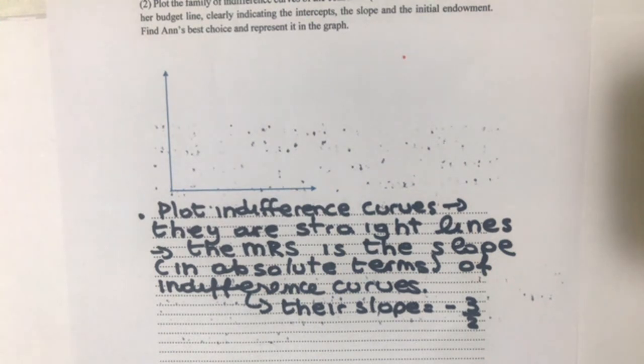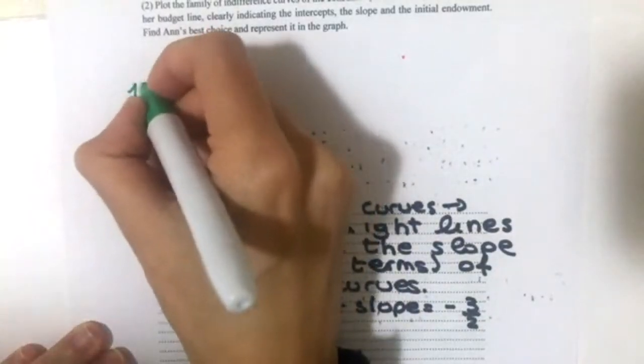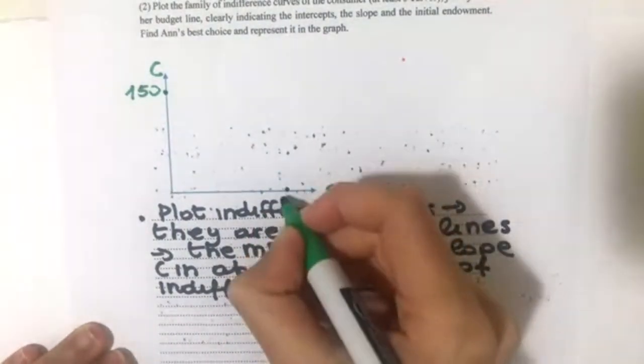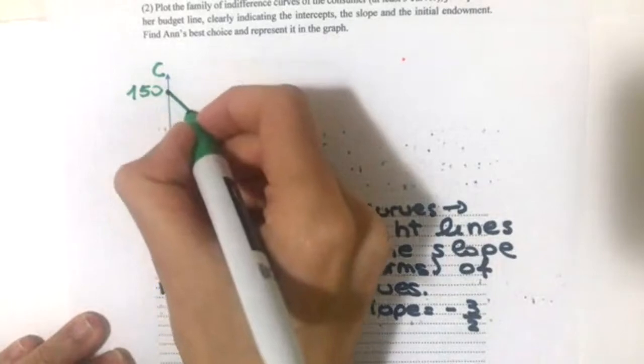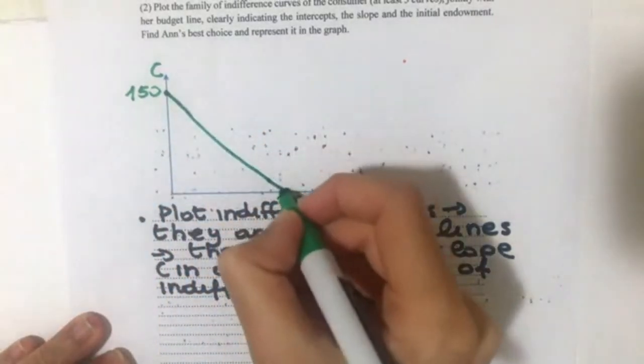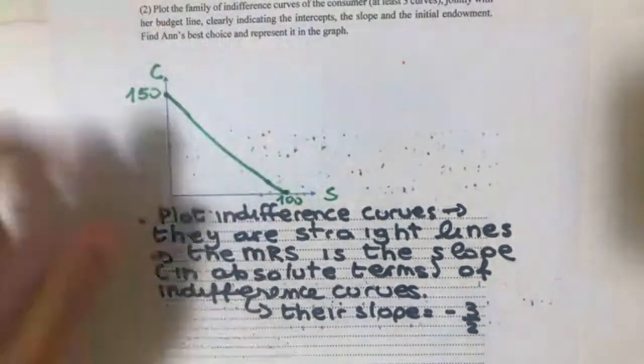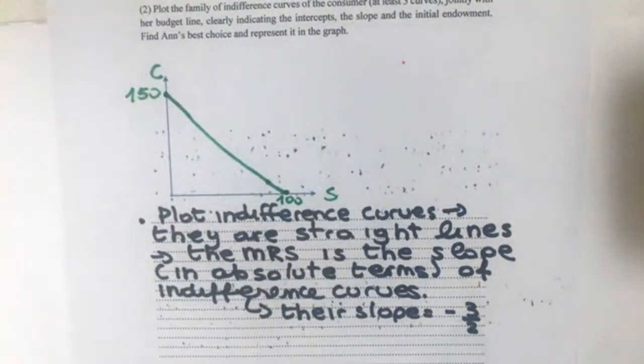So, for example, let's take some numbers, like, first of all, we put S here and C here. Okay, for example, let's choose here 150, since this was the monetary value, just to start with. Then, if I take here 100, then here I have a line whose slope is 3/2. I can take again any intercept, any line, as long as the slope is minus 3/2.